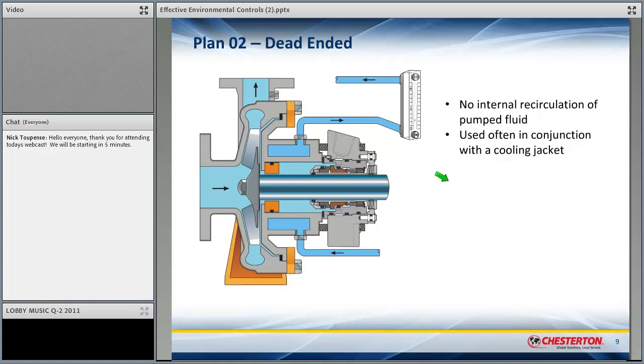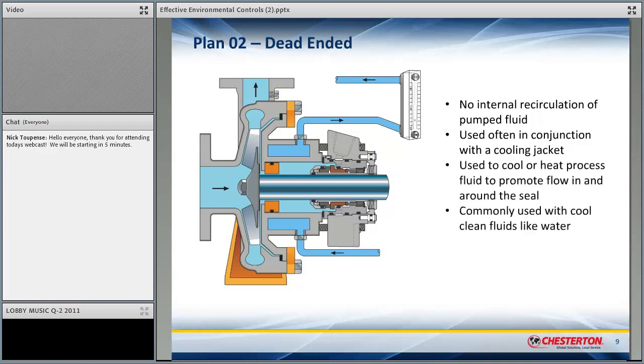And that's used to cool or heat process fluid to promote flow in and around the seal. So we want to, once again, have a cool, clean environment within the seal chamber. But more times than not, it's commonly used with only cool, clean pump fluids like water, which we'll find in this industry.